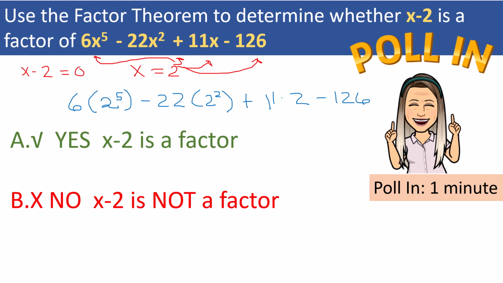All right, 2 to the 5th power is 32. We're going to multiply that times 6. Okay, 6 times 32, let's go ahead and do that, is 192.